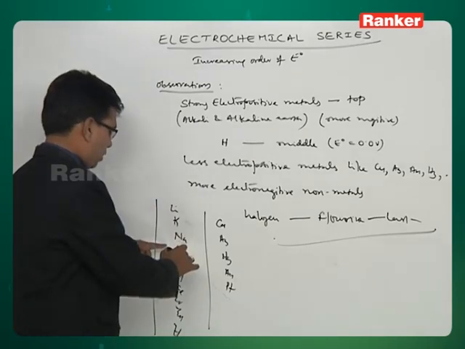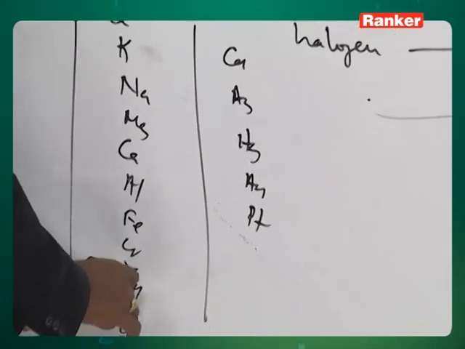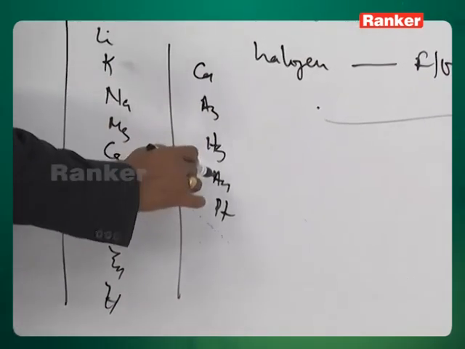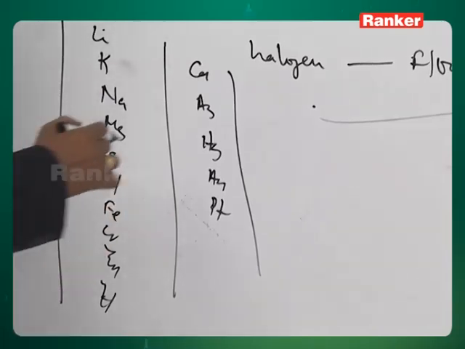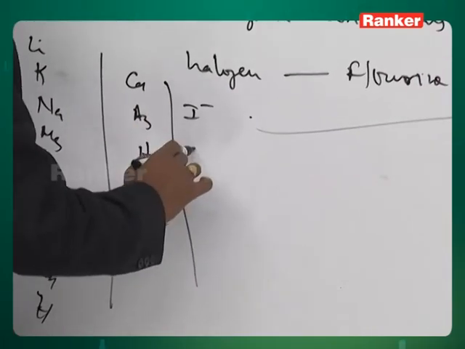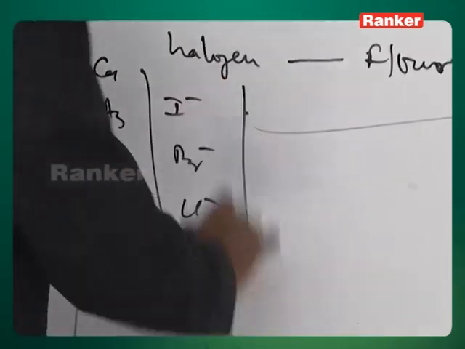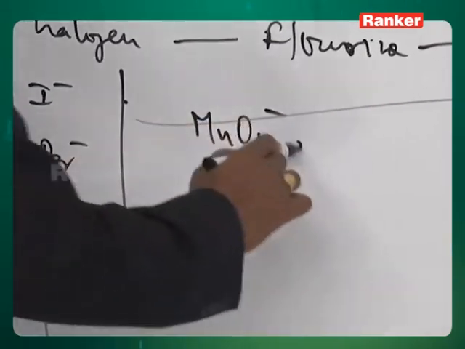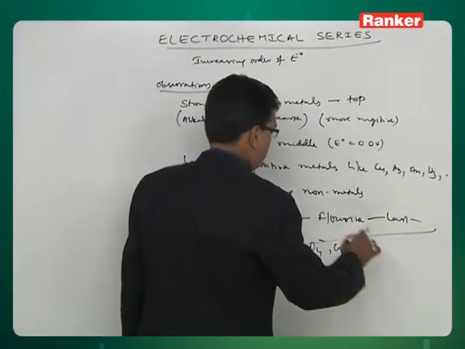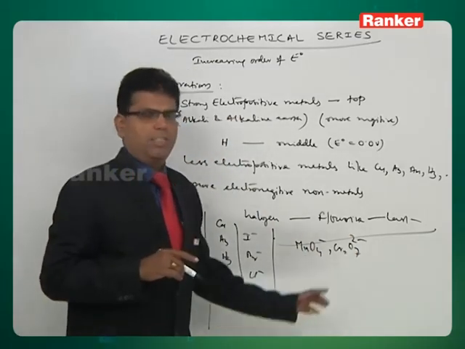Highly electropositive, then relatively less, moderate, low electropositive, then finally electronegative: iodide, bromide, chloride, fluoride. In between we also have oxidizing agents like permanganate and dichromate.